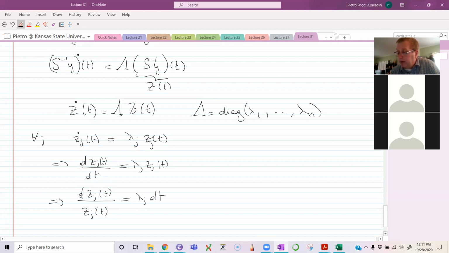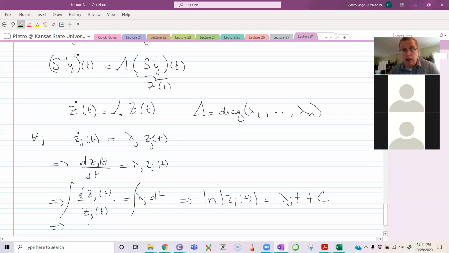And then you integrate, log, constant, et cetera. Then you exponentiate.